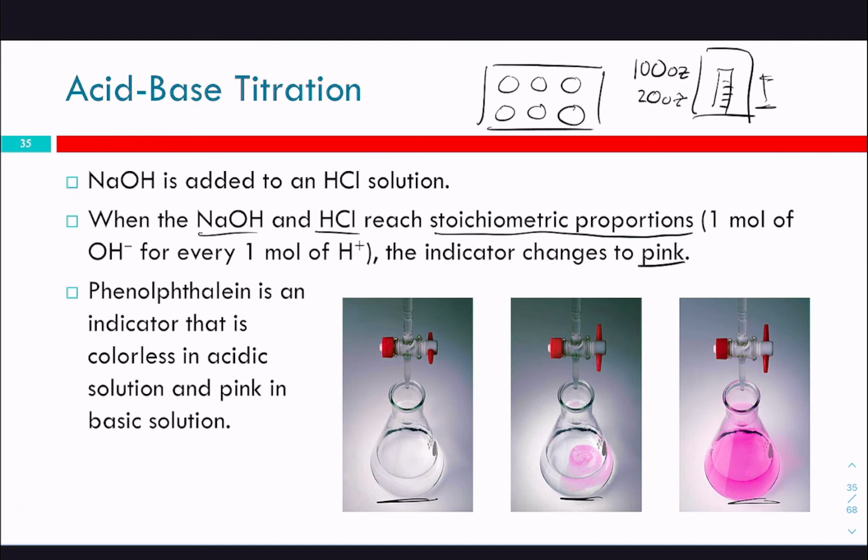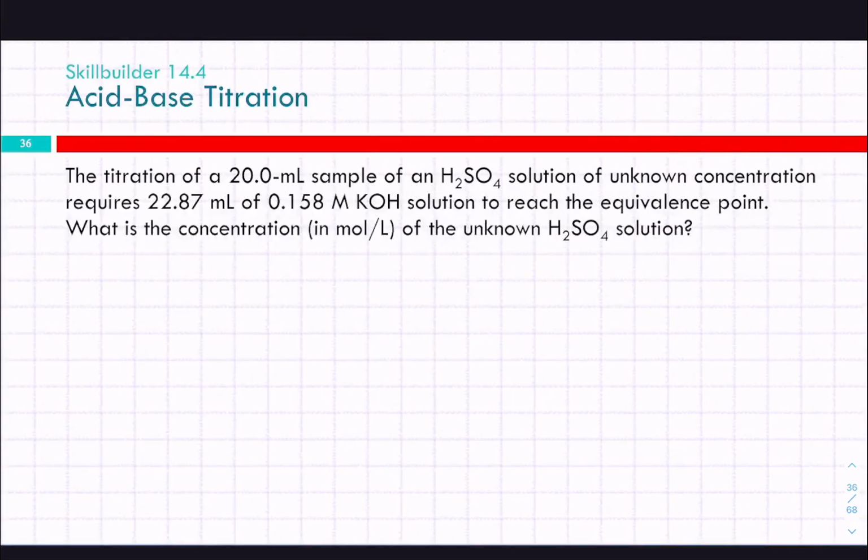So all we're doing here is saying, okay, we have this many molecules of hydroxide, and we're frosting the protons in the solution with hydroxides. So if we can count how many hydroxides we used, then we know how many hydrogens we neutralized. It's not a great analogy.